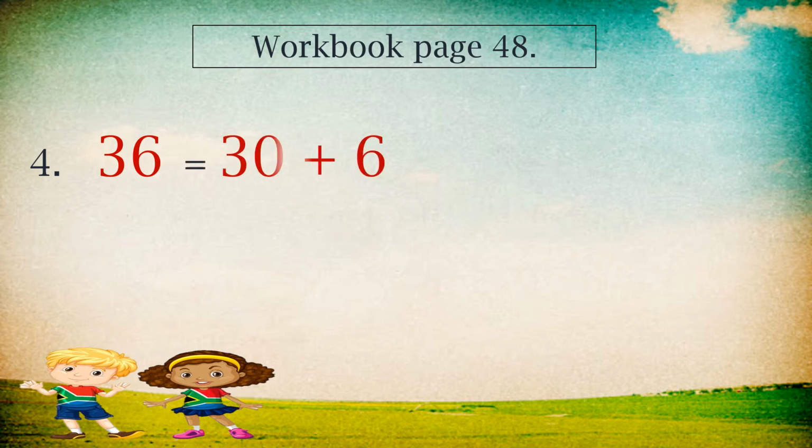The answer is right. Number 3 is bigger. Why? Because 3 is equal to 30. And 30 is bigger than 6. 36. Do you know how to write and spell this number?